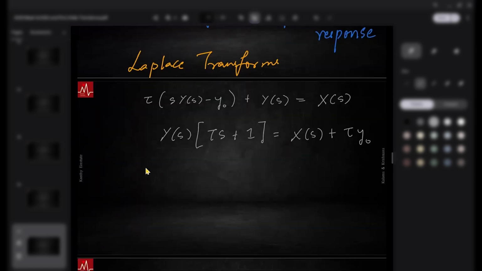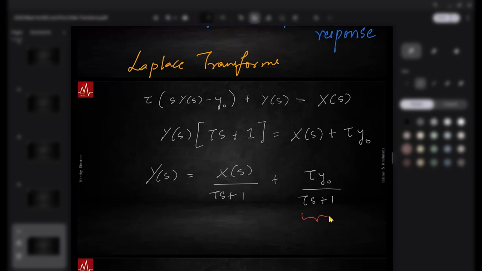Okay, so your y of s equals x of s by tau s plus 1 plus tau y naught by tau s plus 1. This is due to initial condition.